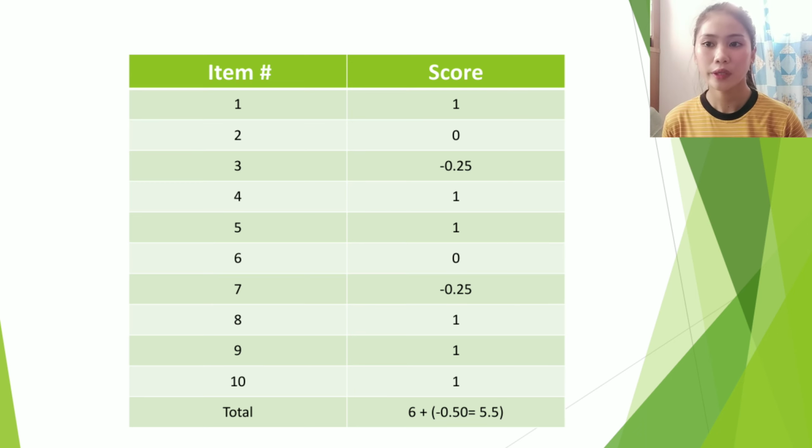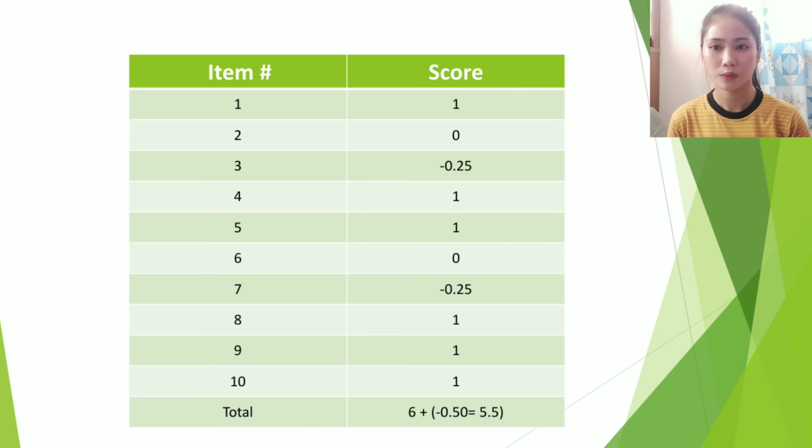Number 5, 1 point. Number 6, 0 point because walang answer. And then number 7 is -0.25. For 8, meron siyang 1 point. Number 9, meron siyang 1 point. And number 10. Then, the total, 6 plus 0, minus 0.50 equals 5.5.